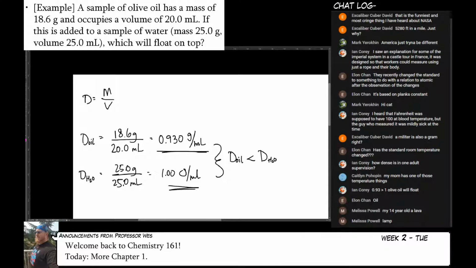And so if we were to draw this out, our container would look like this, with a layer in the middle, and on top would be the oil, and on the bottom would be the H2O, no matter how much of it we put there. So if there was a lot of oil and only a little H2O, same thing. The density is what we care about. All right, lower density goes on top.